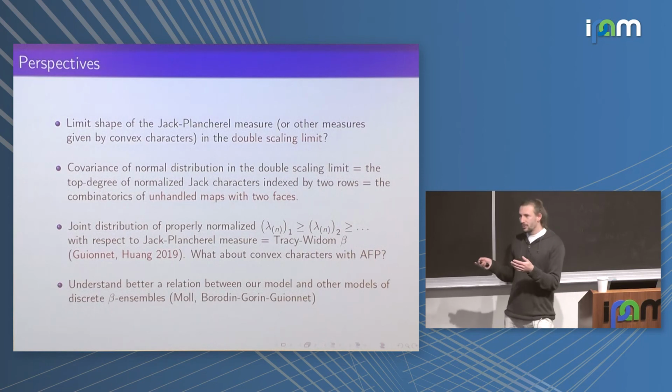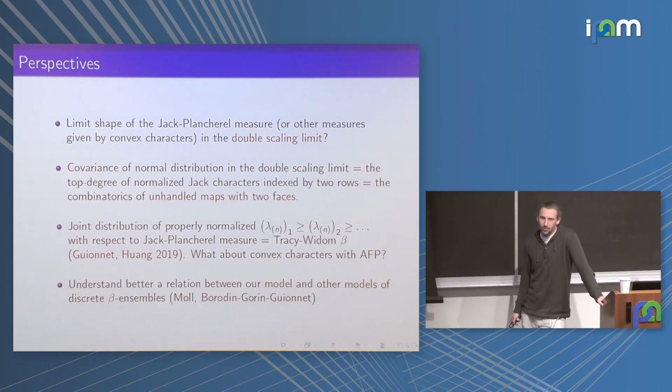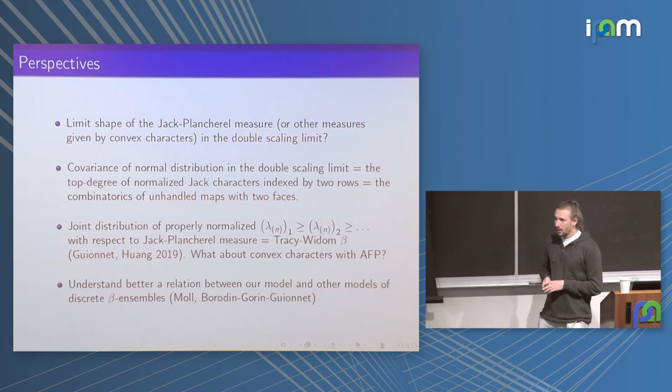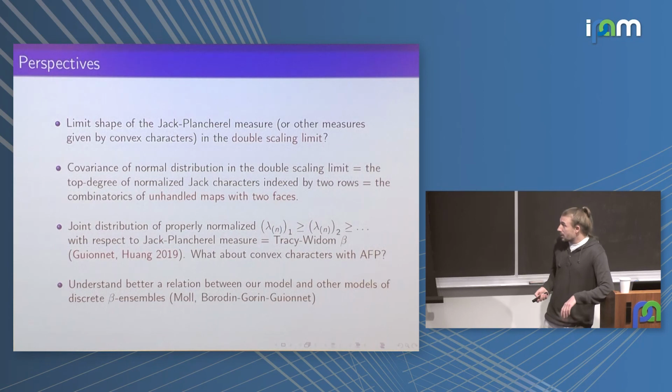It's due to this conjecture of Lassalle, where we already know that the coefficients should have an interpretation in terms of maps. Actually, computing the covariance matrix is related with enumeration of some maps, but we don't understand them fully.